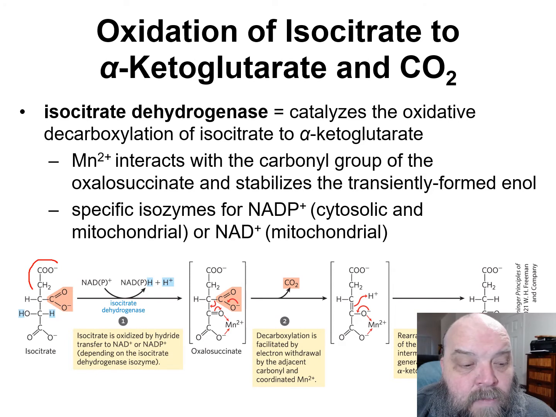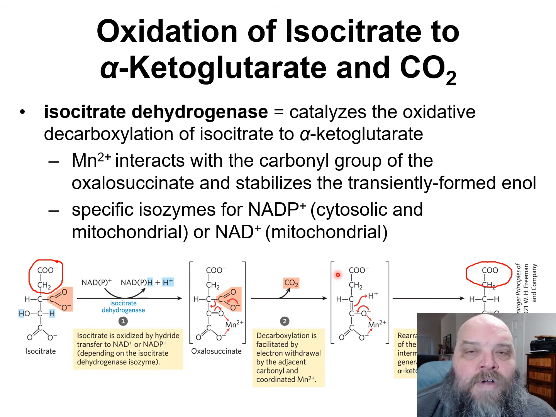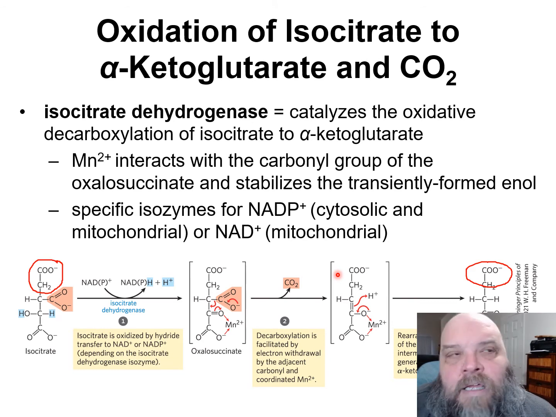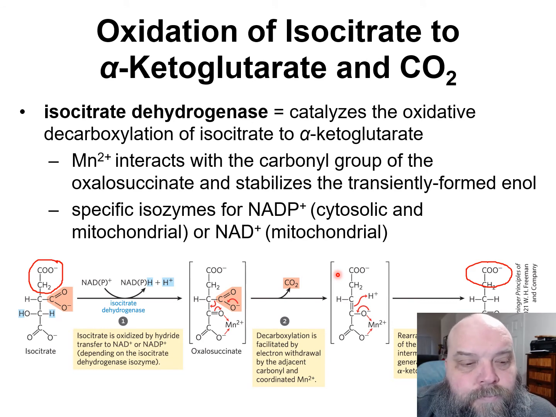Keep in mind, these 2 carbons right here are from the acetyl group that we are just tracking, that was just added 3 slides ago. So this is a pre-existing carbon that's going to be removed. This was one of the carbons that was on the original oxaloacetate.